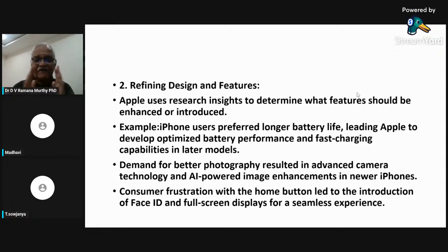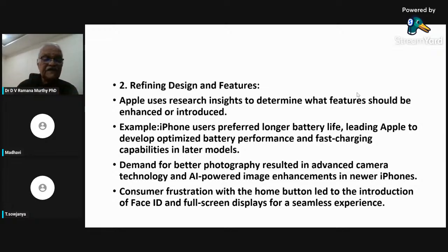Again, they have developed advanced camera technology into their iPhones, because of AI powered image enhancements in the newer iPhones, which we do not have on Android phones as such. Because every feature of a smartphone must be used by the customers at the maximum satisfaction point. So any sort of customer frustration should be avoided.